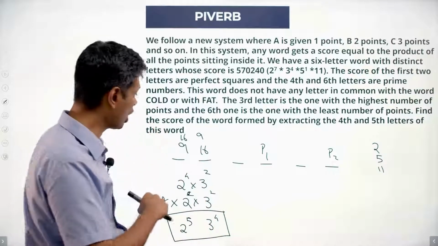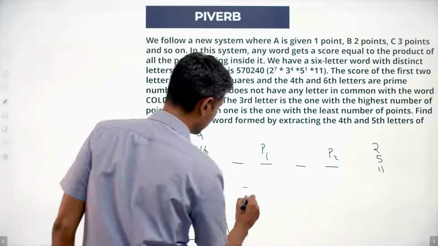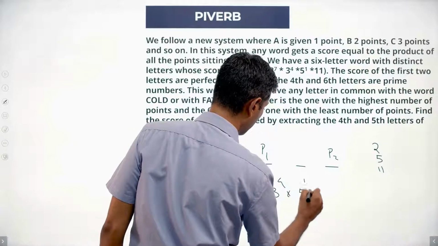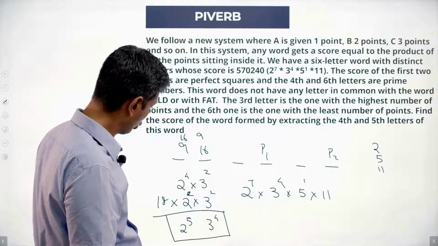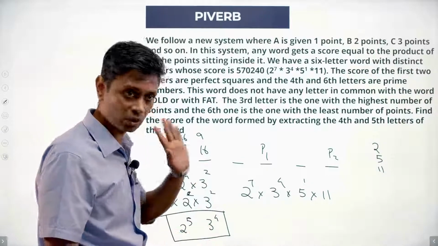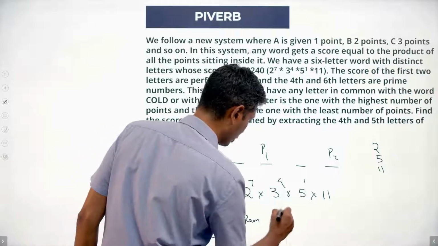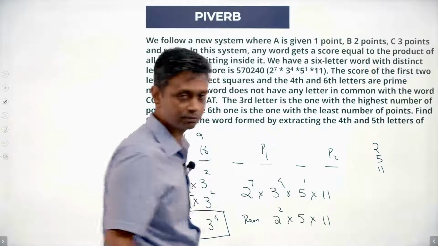Our product is 2 power 7 into 3 power 4 into 5 power 1 into 11. Brilliant. 2 power 5 into 3 power 4 is already accounted for. So what is remaining is 2 square into 5 into 11.